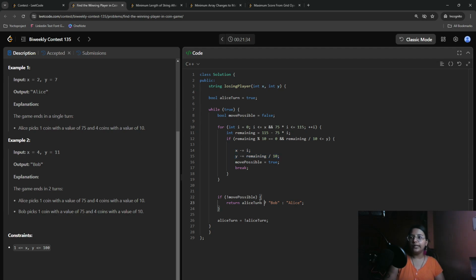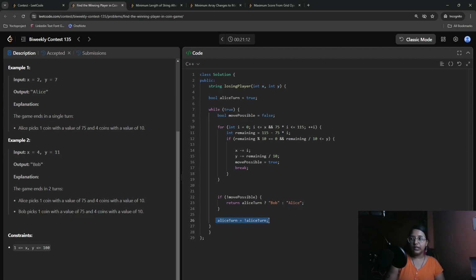At that point only we'll check if Alice's turn equals true, then we will return Bob, because the move was not possible by Alice. That's why we'll return Bob. Else we'll return Alice herself, because that turn was not of Alice, that was of Bob.